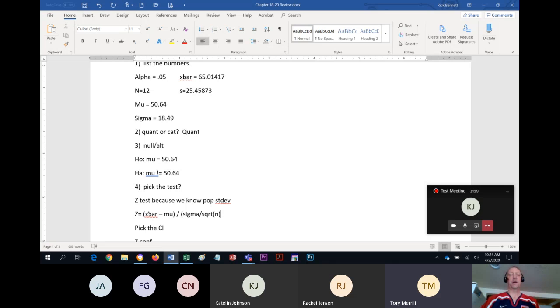Plus or minus Z sub alpha over 2 times sigma divided by the square root of n. It's on your formula sheet. Okay, perfect. Thanks, Carter. All right, so I'm going to copy both of these over to Excel.